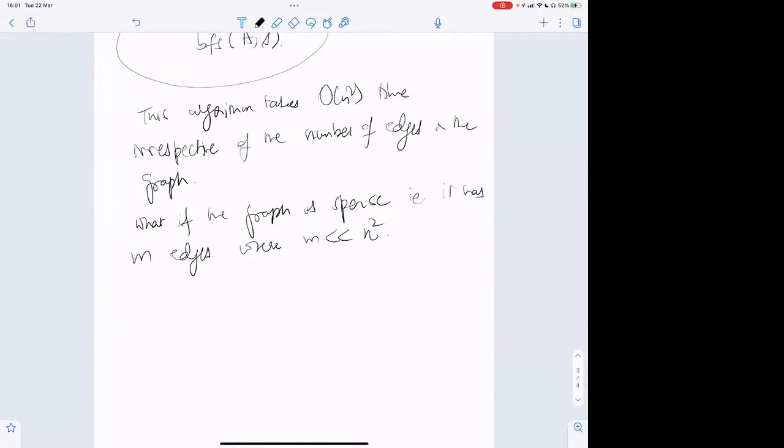Okay? Yes. So m is small o of n squared or whatever, correct? So in that case, can we give a better bound than order n squared? Can we say that this algorithm runs in order m time or order m plus n time?